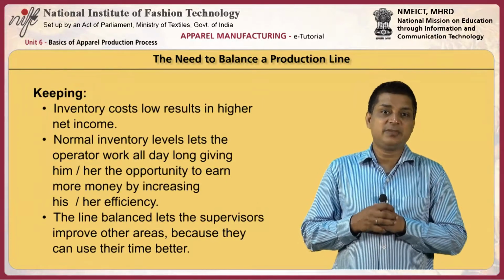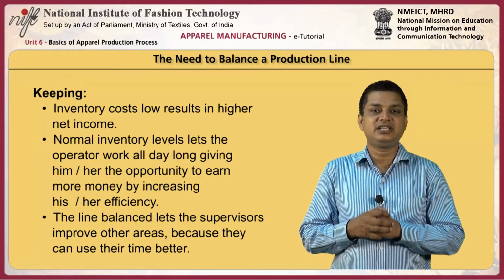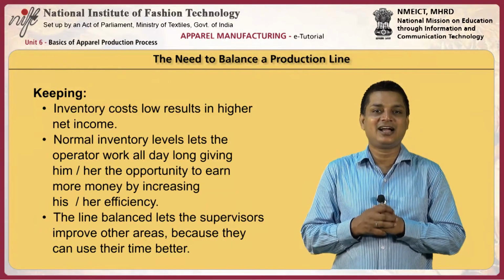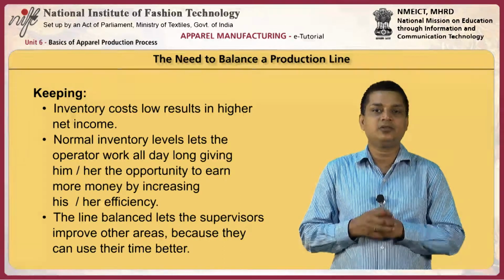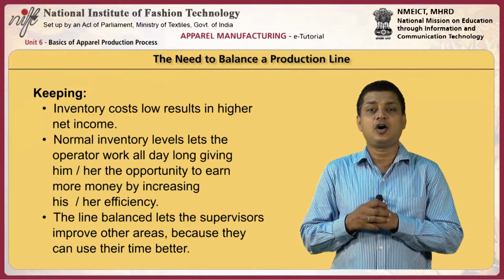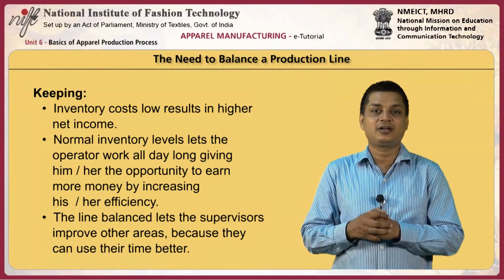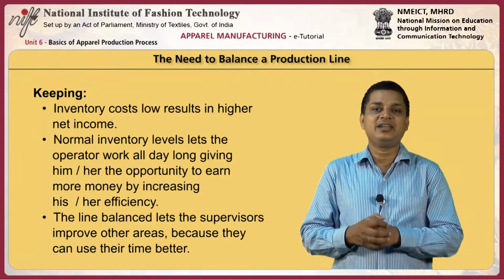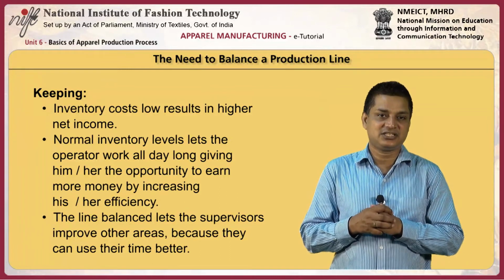The production line is balanced for a number of reasons. Some of these reasons are: keeping inventory cost low results in higher net income. Keeping normal inventory levels allows the operator to work all day long, giving him or her the opportunity to earn more money by increasing his or her efficiency.